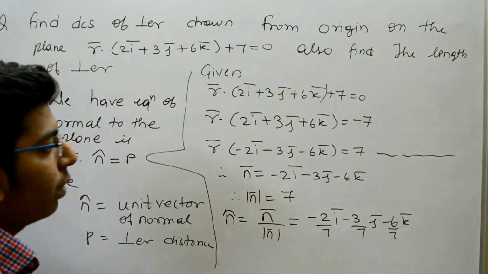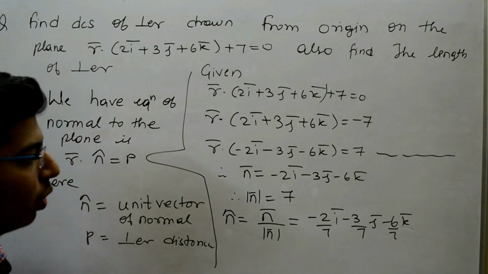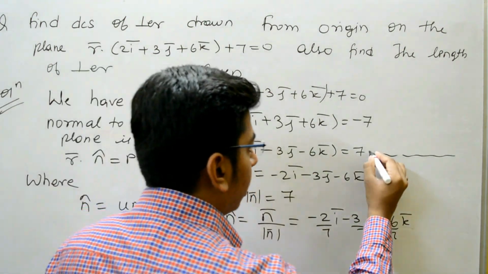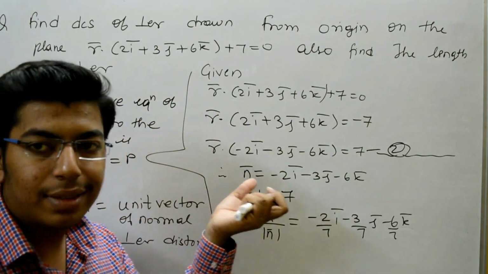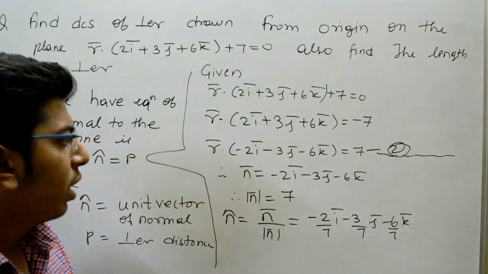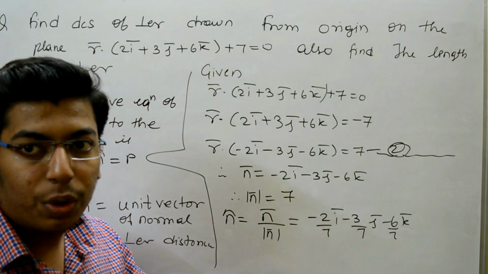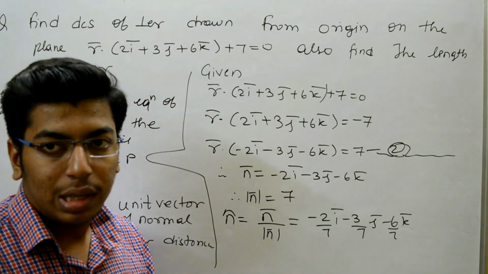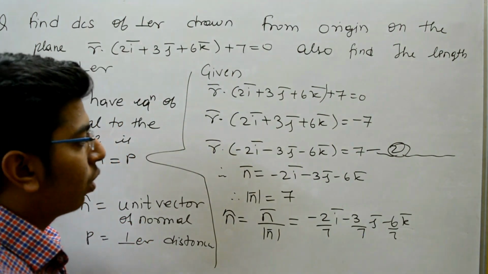So we have to find the perpendicular distance also. So divide this equation by 7. Let me call this equation 2. Divide this equation by 7. You write this in the next step over here, but I am just explaining what to do further and you do it yourself.